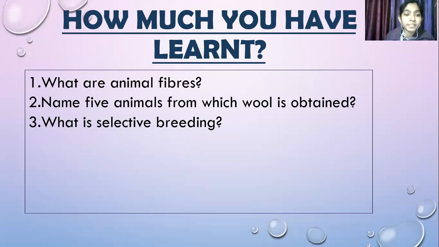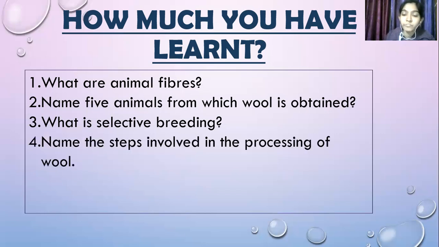Very good. Next is, name the steps involved in the processing of wool. The steps involved in the processing of wool are: first, shearing; second, scouring; third, grading; fourth, carding; fifth, dyeing; and sixth, spinning. Very good.